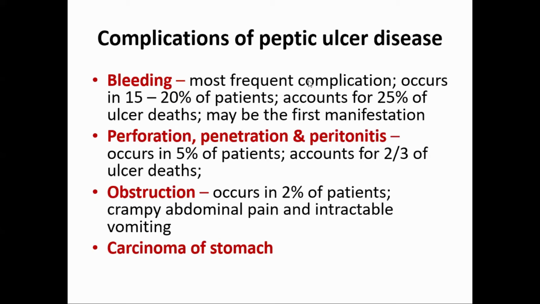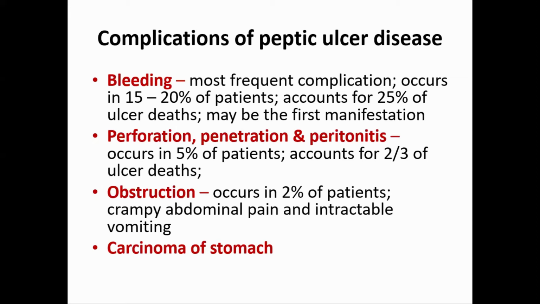So you should know the etiopathogenesis, then morphology, microscopic, and those 4 layers you should know. And all the features of gross, that is a punched out, clean base, undermined edges, rugal folds of the stomach reaching up to the ulcer. All those features you should know.